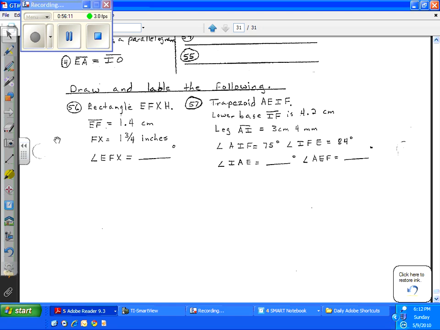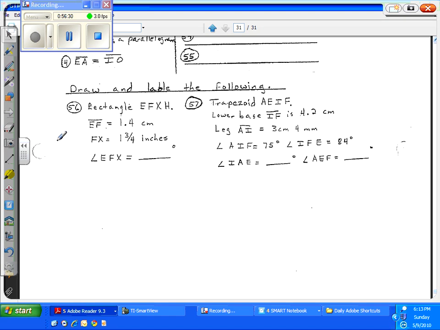Draw and label the following. I was going to say, what I may do is go back to that picture where I can pull in a ruler and all. But that takes a lot of work. I'll just explain it again with a drawing.